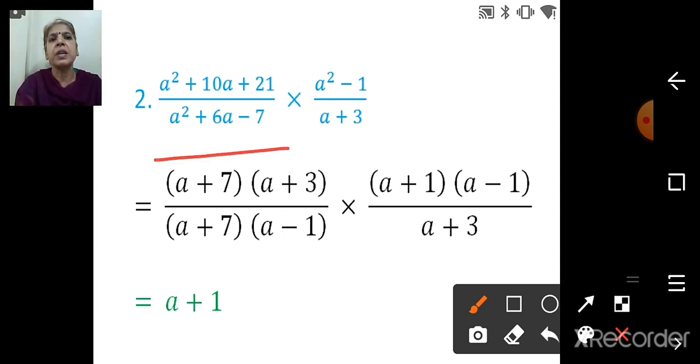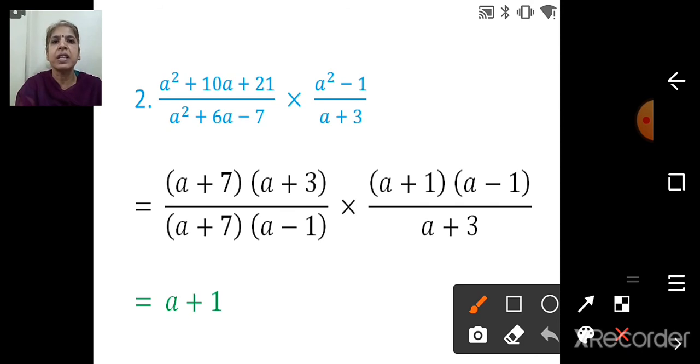Now see the denominator part. a square plus 6a minus 7. The product is minus 7, so it is a negative product. So we know one factor will be positive, one will be negative. And see the middle term, it is positive 6a. So the factors of 7 are 7 and 1.